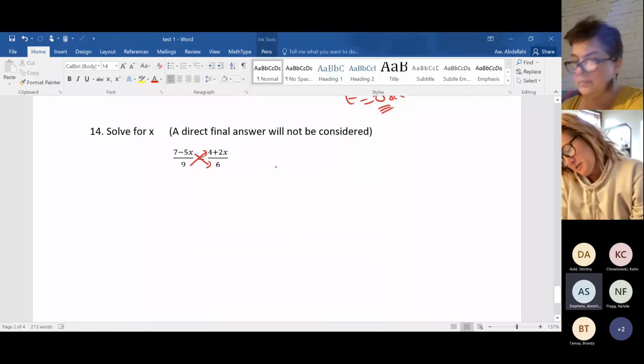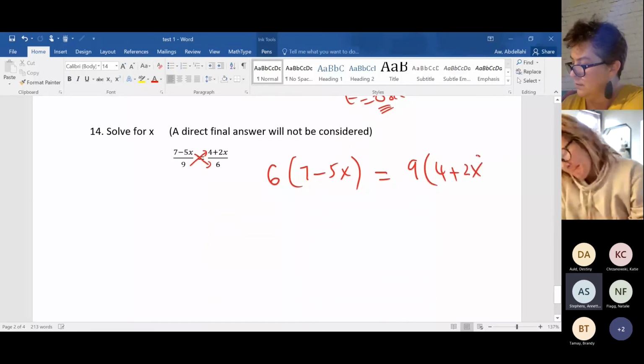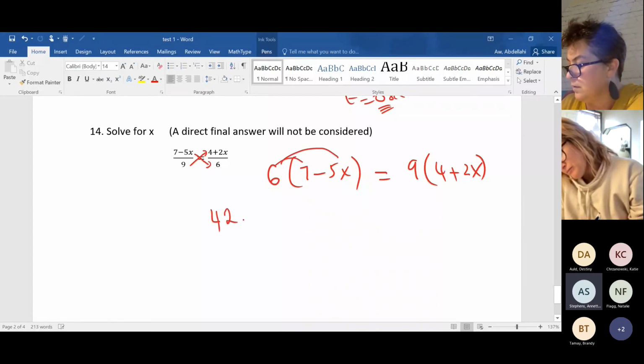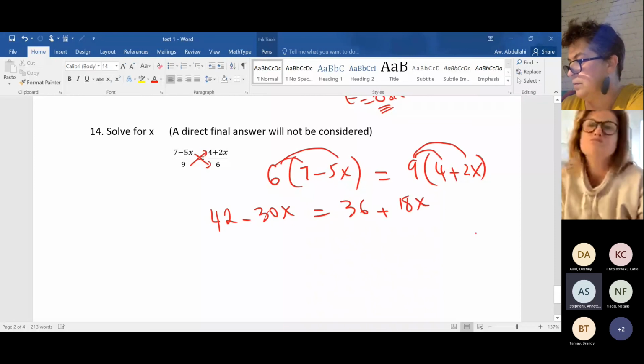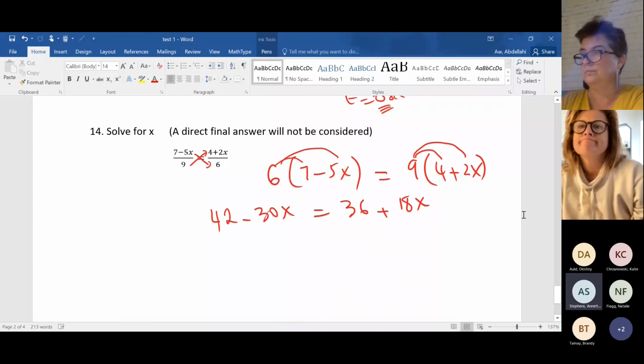For this one, you cross multiply, you get 6 times 7 minus 5x equal to 9 times 4 plus 2x, as simple as that. And then we distribute, you get 42 minus 30x equal to 36 plus 18x, right? Then we group the x's on one side.